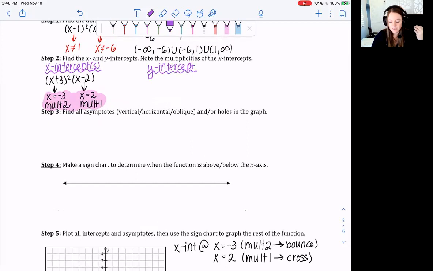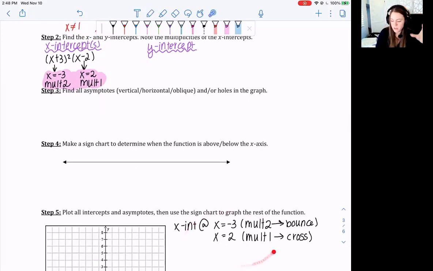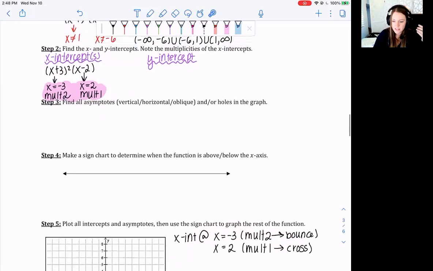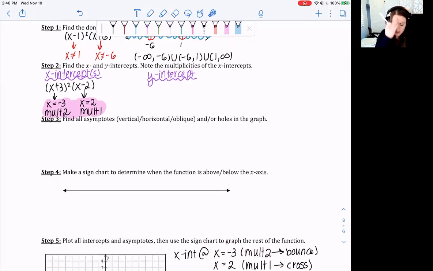So you see me reorganizing my work down here. That's a really good habit to get into when you have a multi-step problem like this, as you're going along, writing down the key facts. Like I'm finding key information here, but if I don't highlight it and then rewrite it down here, it's going to get all jumbled together and lost. So organizing your work is your best friend.